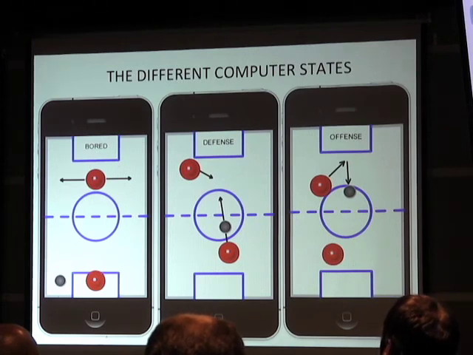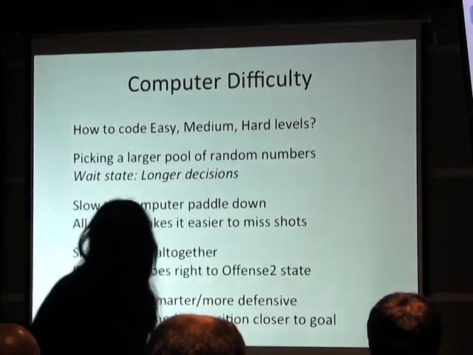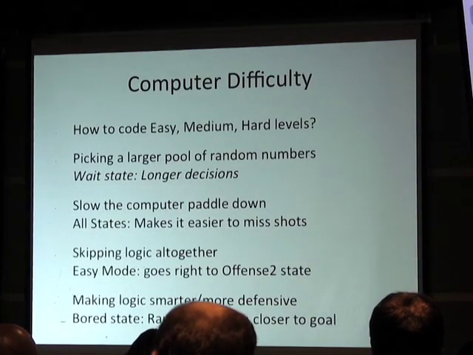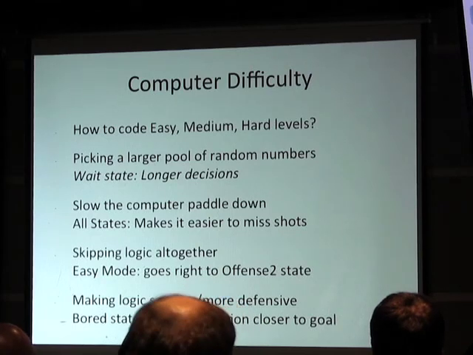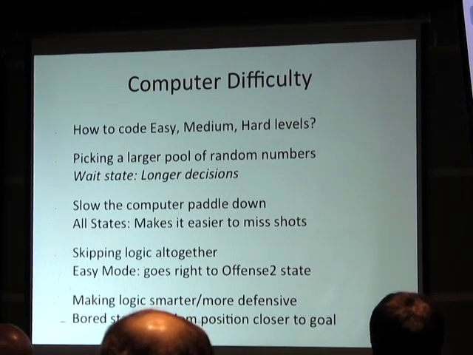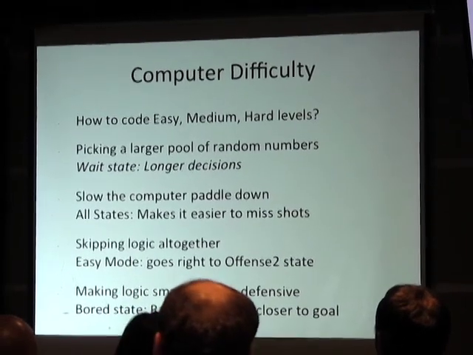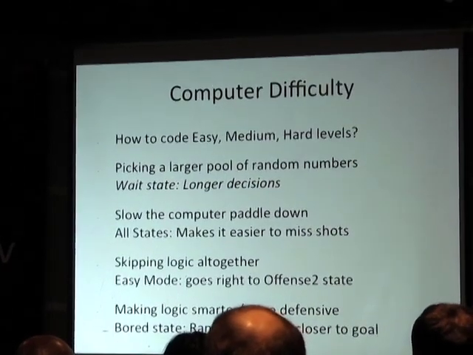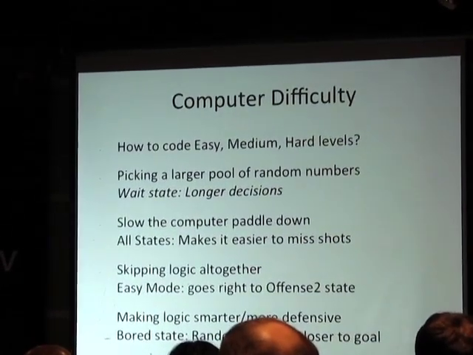The next stage of this was to add computer difficulty to it. And so there were a lot of different ways. In the book, I create easy, medium, and hard levels. I was looking over the code, and one way I could make the computer behave differently was that decision state where we're picking random numbers.